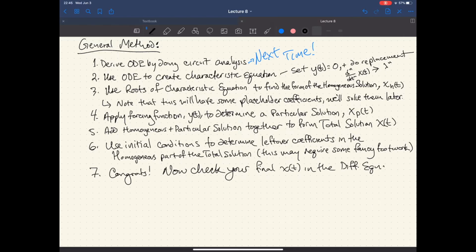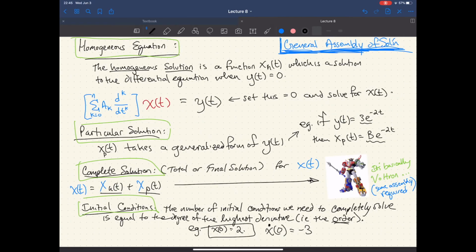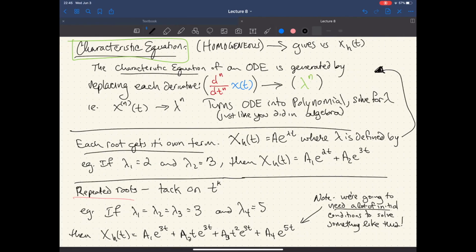Okay, so next we're going to use the roots of the characteristic equation to find the form of the homogeneous solution. Boy, that's a mouthful. So basically, we find all those lambdas, we stick them into that form that we had, this guy here.